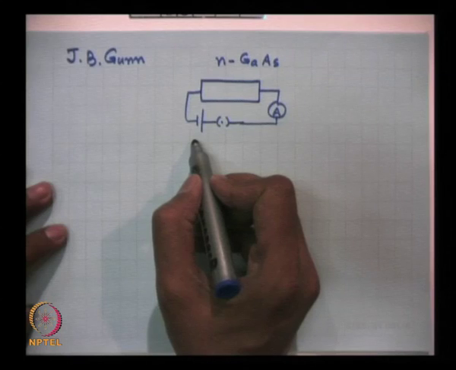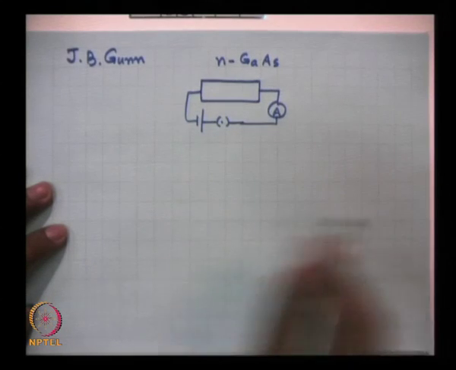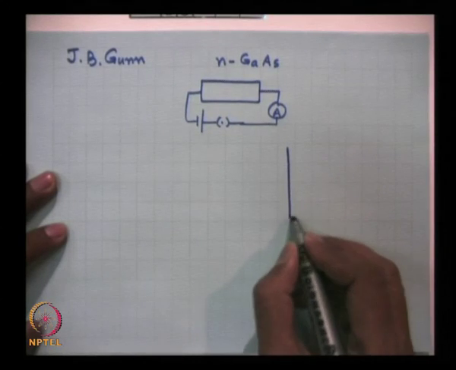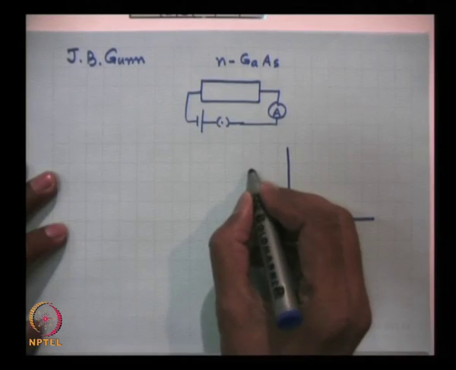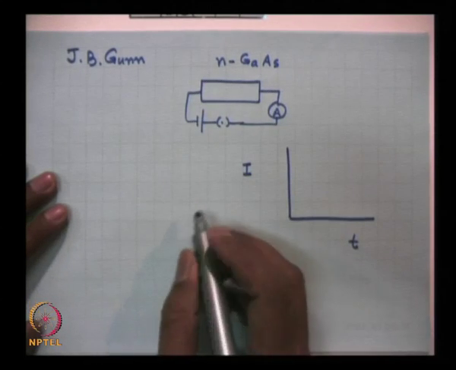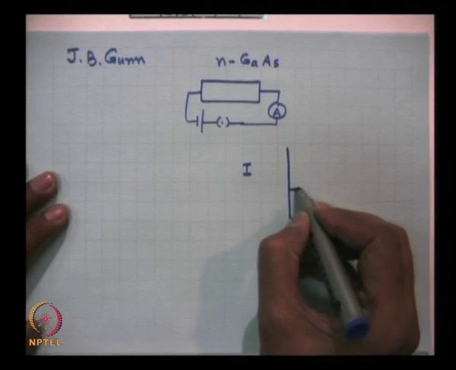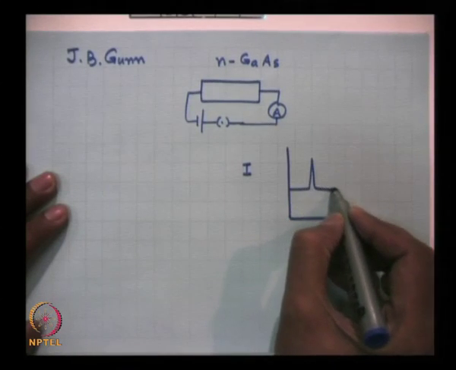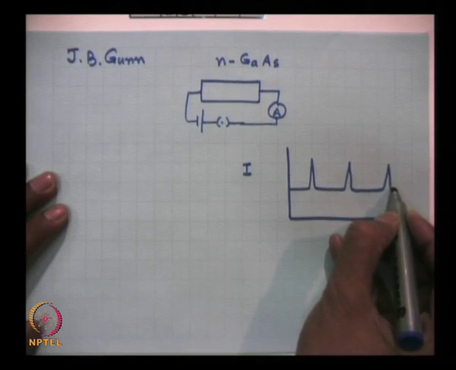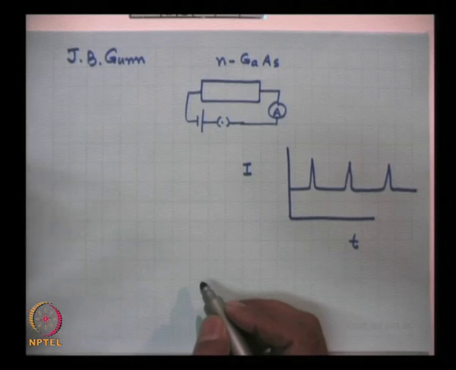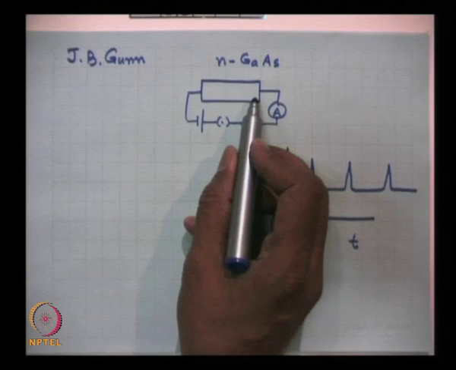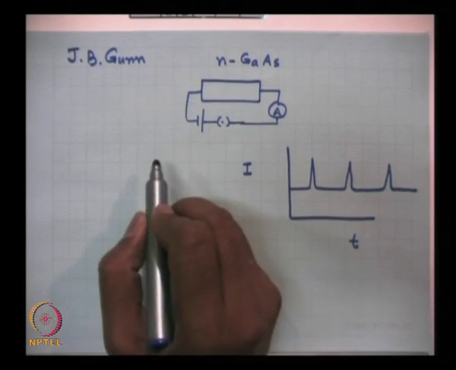When the voltage was low, the current in the circuit was constant, but when the voltage exceeded a certain threshold value, he observed the current as a function of time. So, the current had some value, and then suddenly it would show a burst like this. It was something very spectacular. He applied typically 1000 volt per centimeter, and he observed this phenomenon.